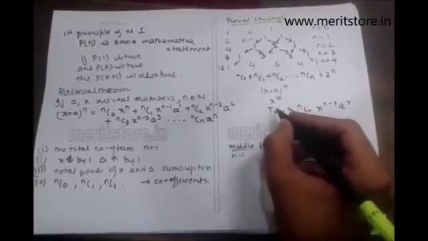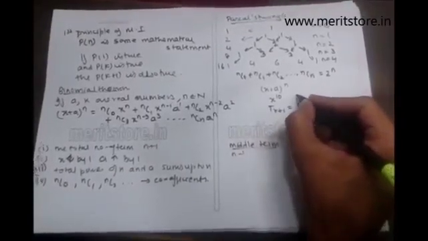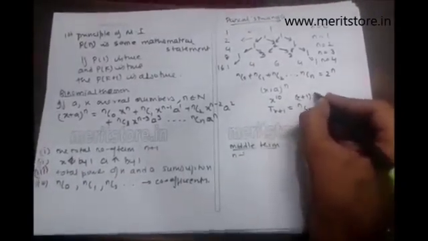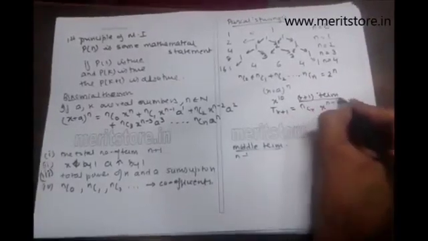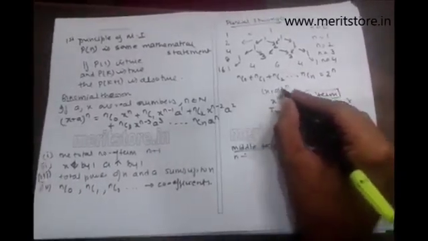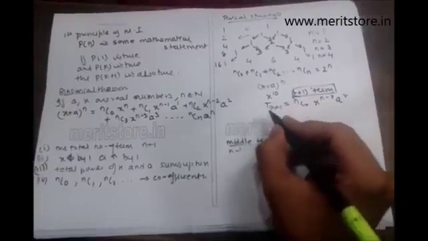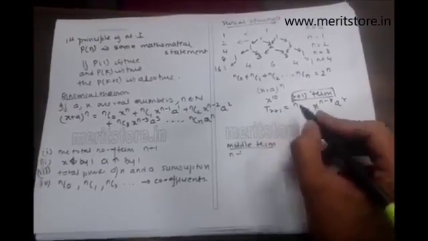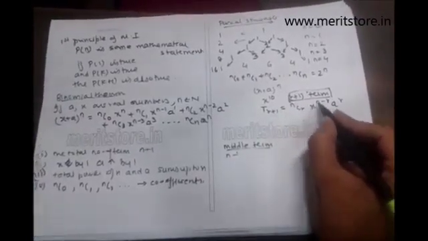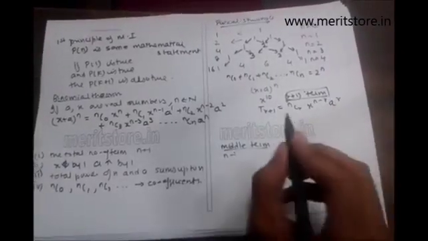So now to find the R plus 1 term in the expansion of x plus a the whole raised to n, the general formula goes T R plus 1 equals NCR x raised to n minus r a raised to r.